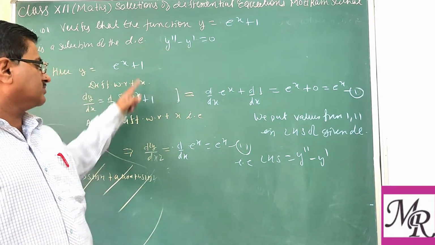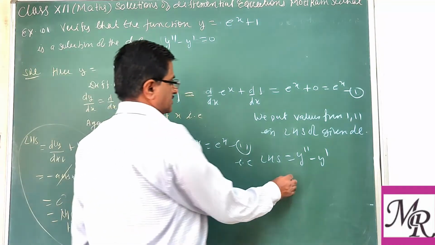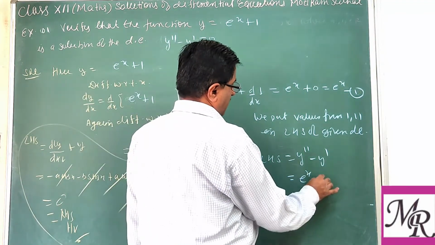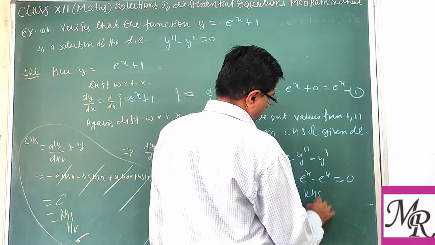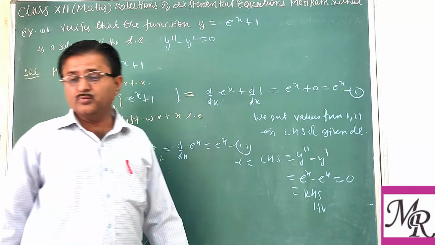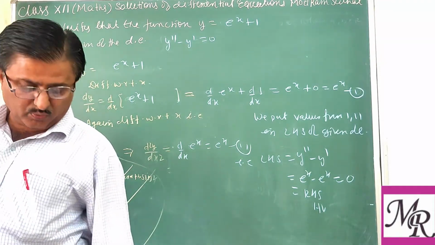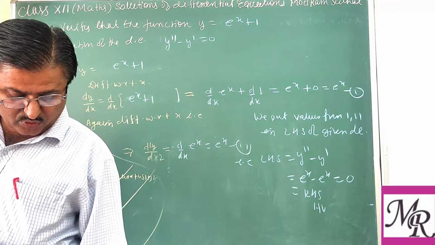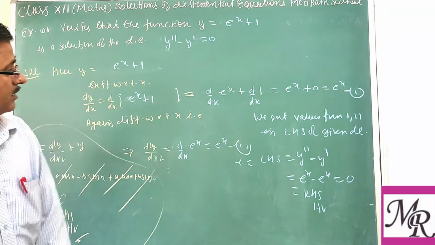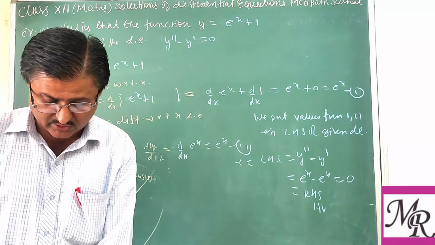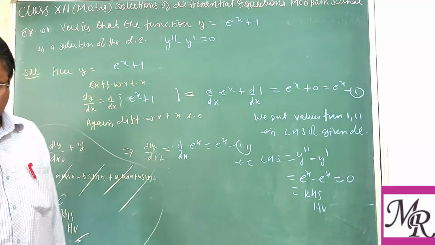So the y double dash value is e power x, and y dash is e power x. So e power x minus e power x is 0, which is the right hand side, and hence true. So in this way, one can prove whether the given differential equation has the given function as a solution or not.